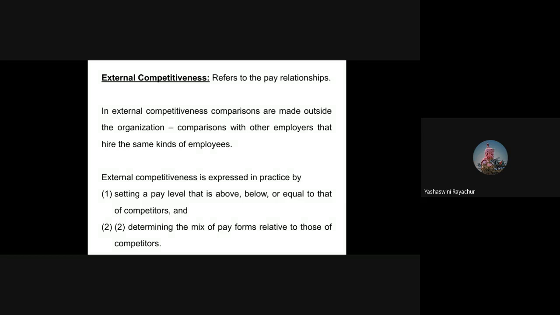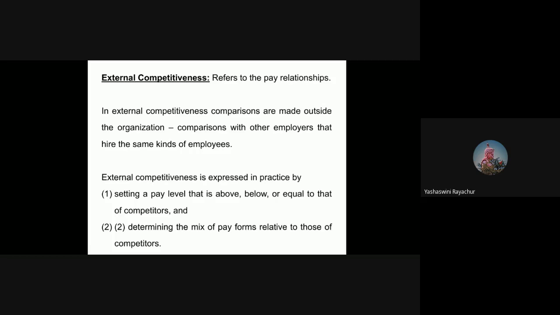Now, we have not done that with the external competitors who have the same type of job in their organization. For example, the assistant manager of sales and the assistant manager of research, or research and development.